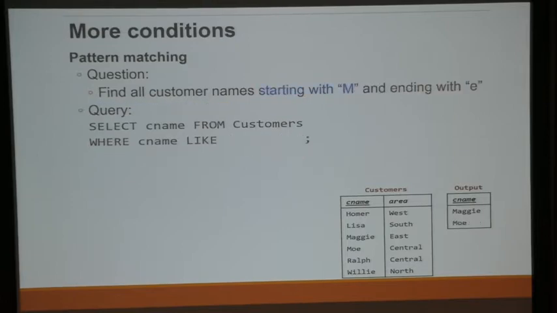So let's try this. Find all customers with a name starting with M and ending with E. So you have Mo and Maggie. Okay, so this, well, definitely you must have an M, right?